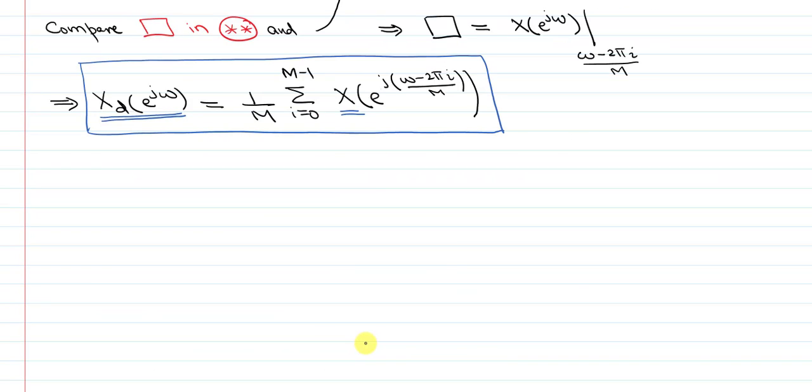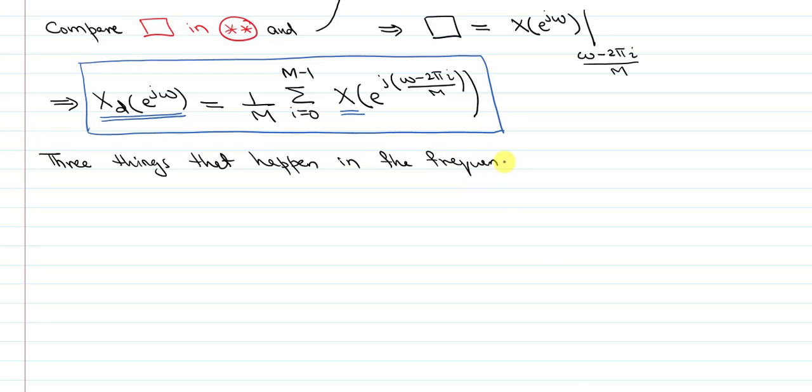There are three things that happen in the frequency domain during downsampling, and those things can be viewed from this boxed expression. What are those three things?